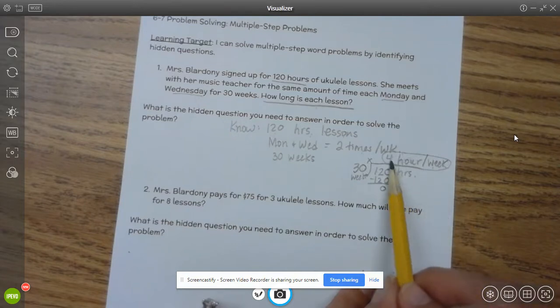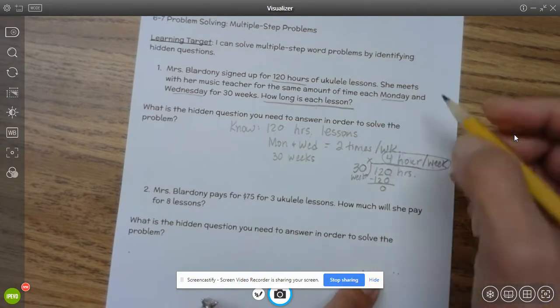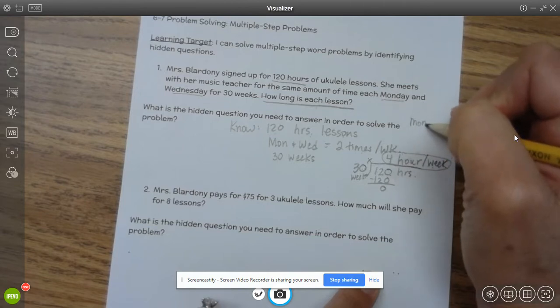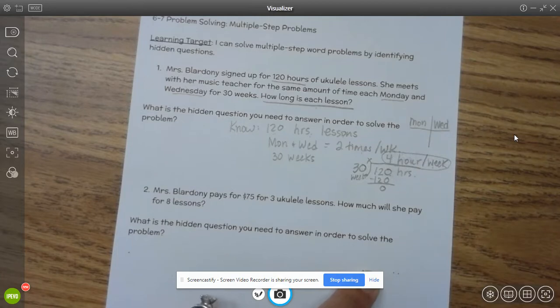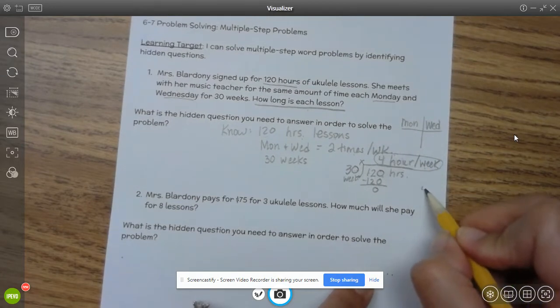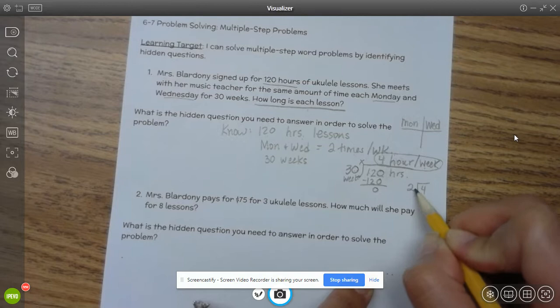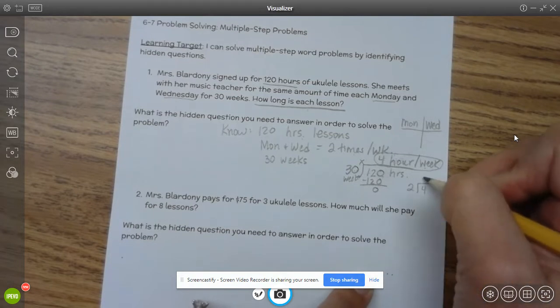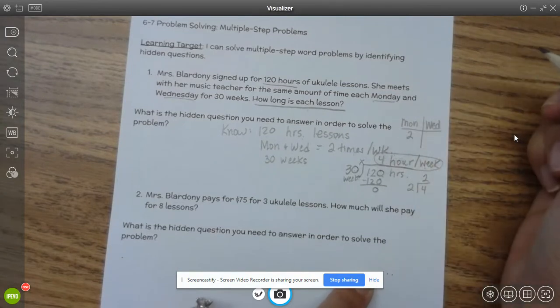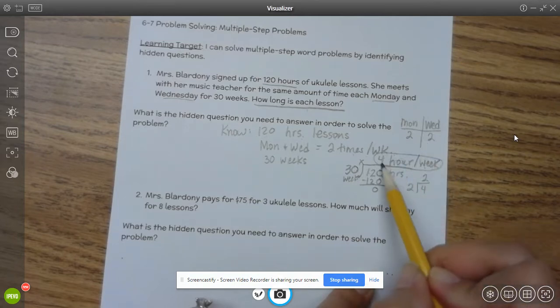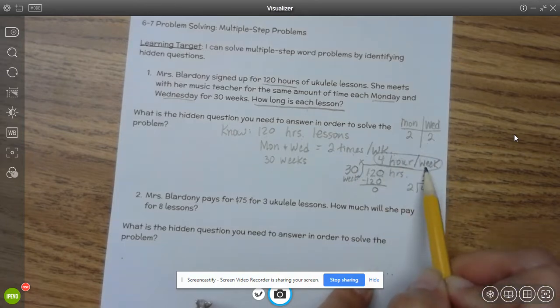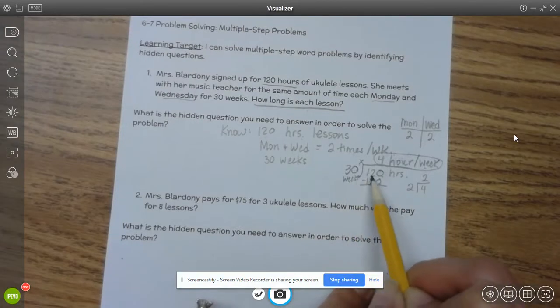So if I'm meeting 4 hours per week, and I'm splitting that up between Monday and Wednesday, I'm splitting it in half. So if I have 4 hours total, I'm dividing that by 2. Okay, 2 divided into 4 is 2. So I'm meeting for 2 hours on Monday and 2 hours on Wednesday.